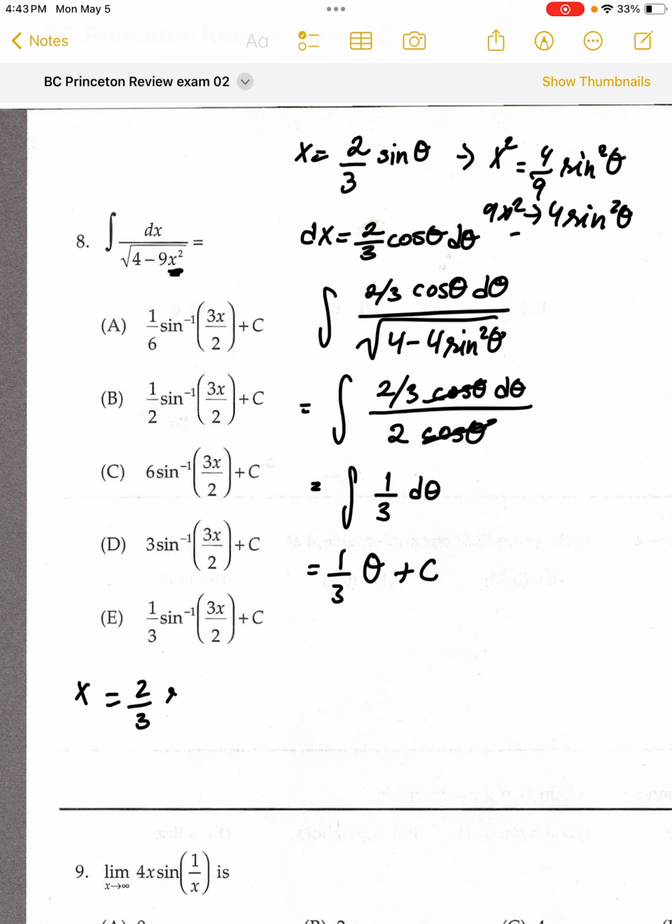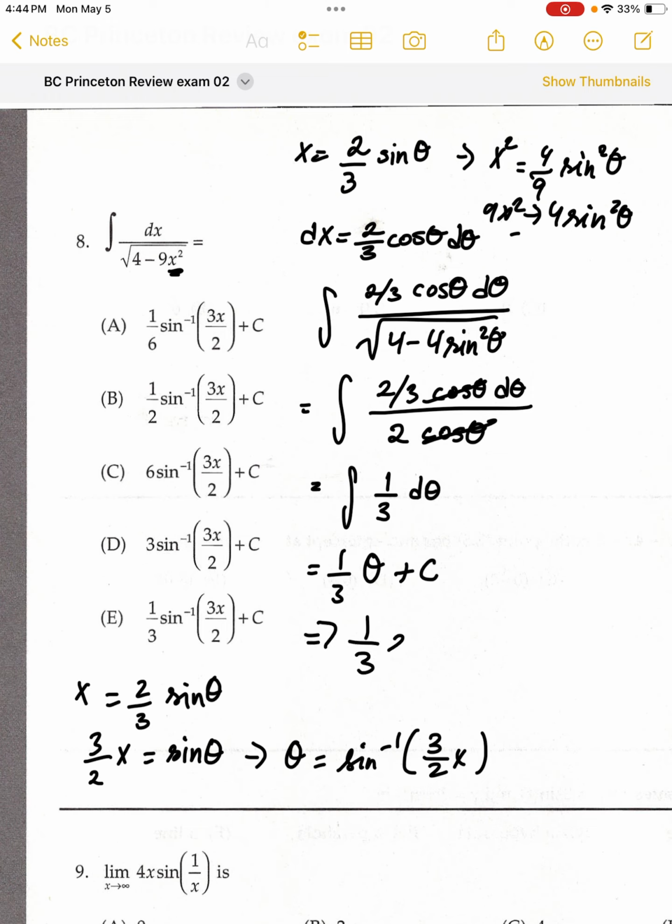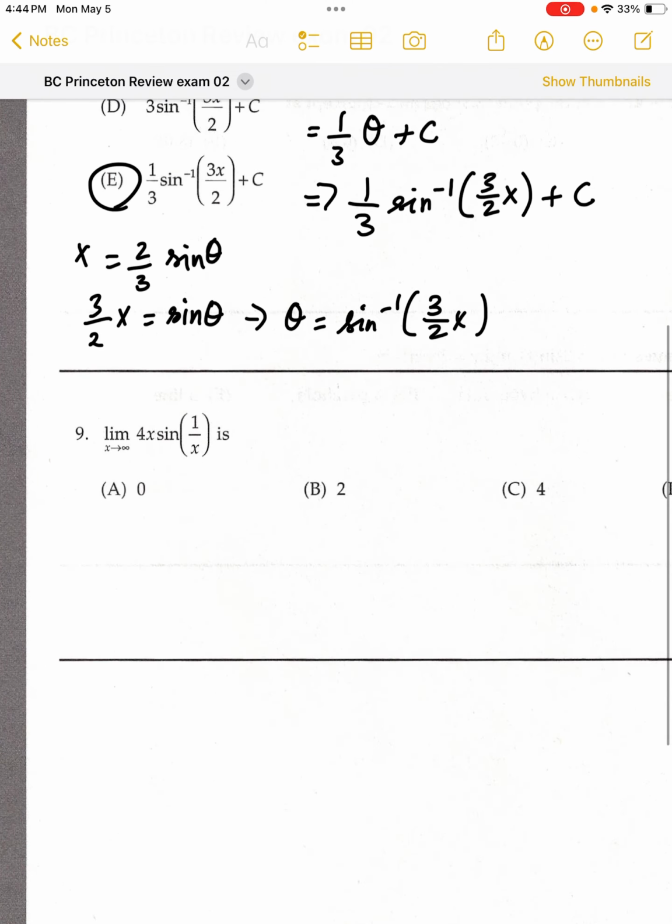We know x is 2/3 sine theta, so 3/2 x is equal to sine theta, and theta is equal to the inverse sine of 3/2 x. So our answer in terms of x is 1/3 inverse sine of 3/2 x plus c. And that's option E. And we're done with that question.